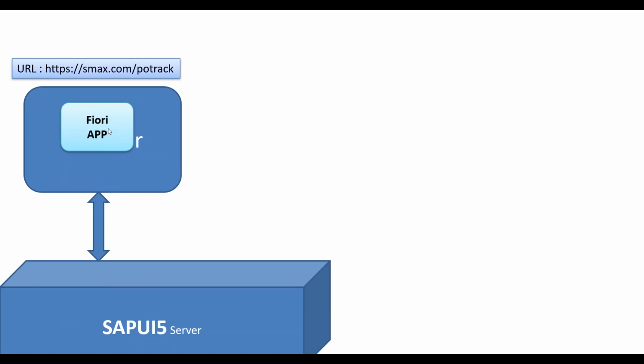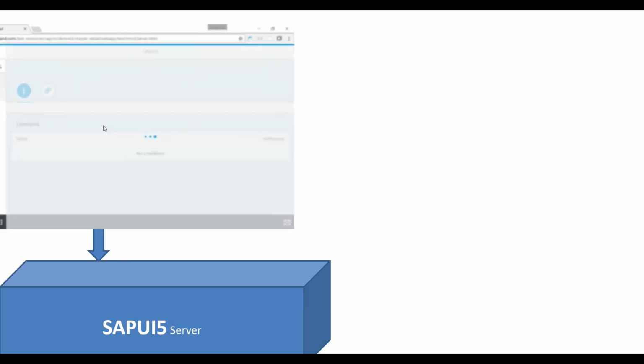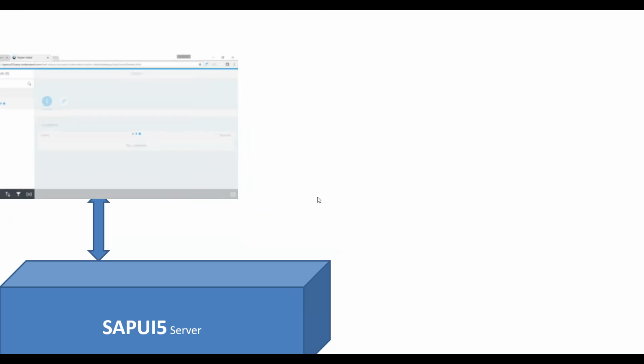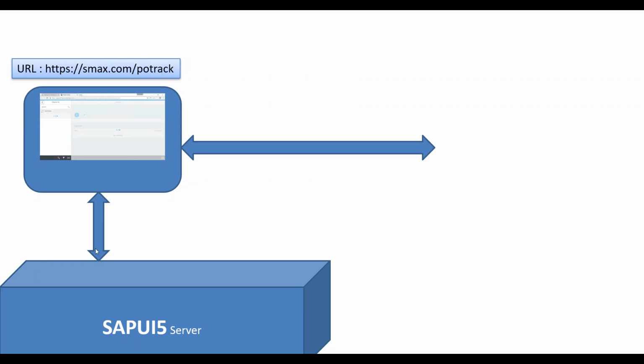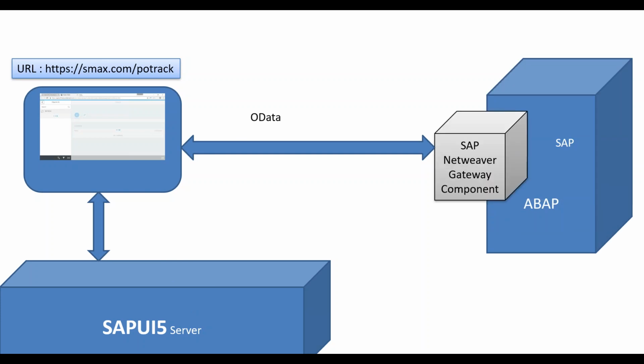Once it is loaded, there is no connection between these two. Now the browser understands it, the browser got loaded with that particular application. Now the browser calls the OData, not the server. Okay. Got it, right? Yes, yes.